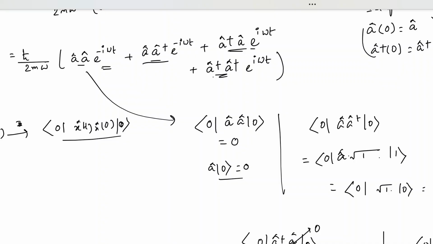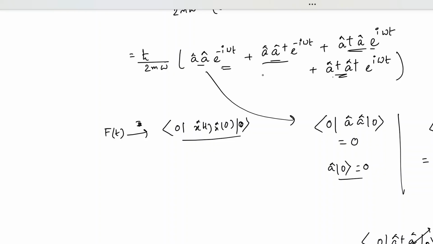Again a dagger operating on 1 gives root 2 and the state 2. So you get root 2 times the inner product of 0 and 2, which is 0 because these are orthogonal, so this will also be 0. Out of these four terms, only the second term is non-zero and the rest are 0.